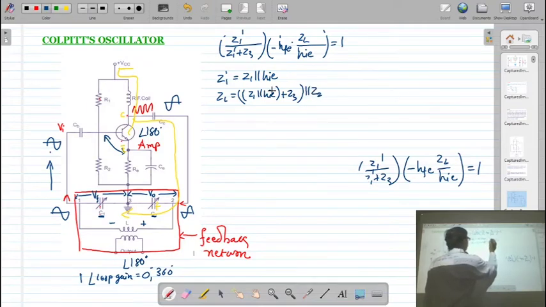So we have to replace this value of ZL and replace Z1 dash.